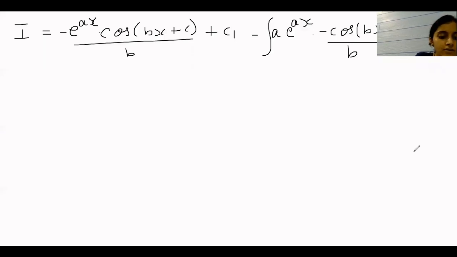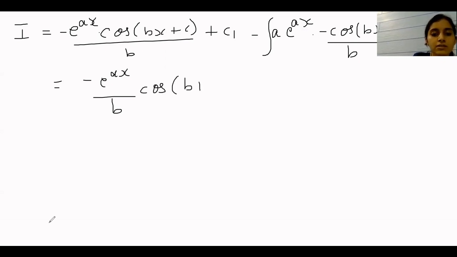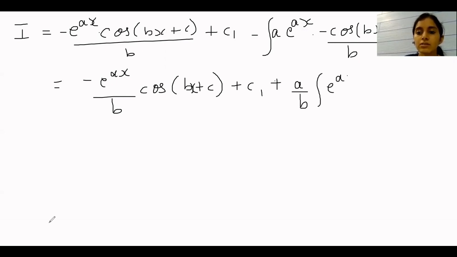So we have equal to minus e raised to ax upon b cos of bx plus c as it is, plus c1 as it is. Now here we have minus and minus becomes plus, a upon b integral e raised to ax cos of bx plus c dx.